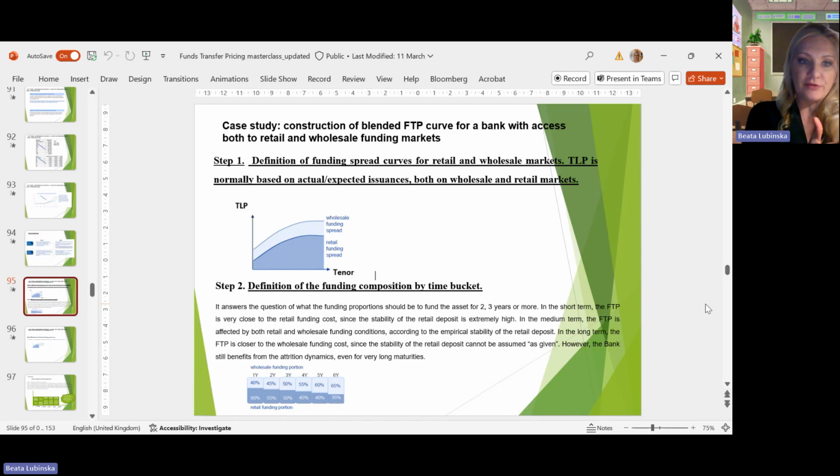So we give the customer a portion of the central rate increase, but at the same time we don't want to trigger any war with other banks in terms of jumping higher and higher. So for this kind of situation, definitely you will have another model of FTP curve construct.